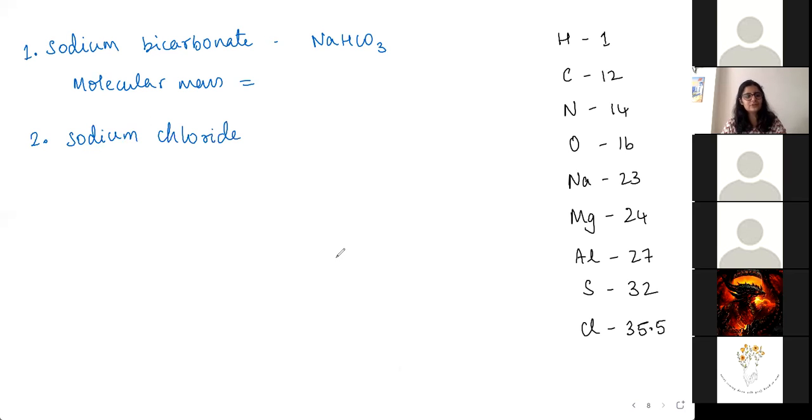So Samriddhi, Suhani, Swayam got the same answers. Ashka got very, very different. Sujal also got the same as you guys. So only Ashka got a different answer. Let me calculate it quickly, you guys. So I am using the mass numbers that I've given over here, okay? If you go really deep, again, I'll have to check kahan se aa rahe hain tumhare values.